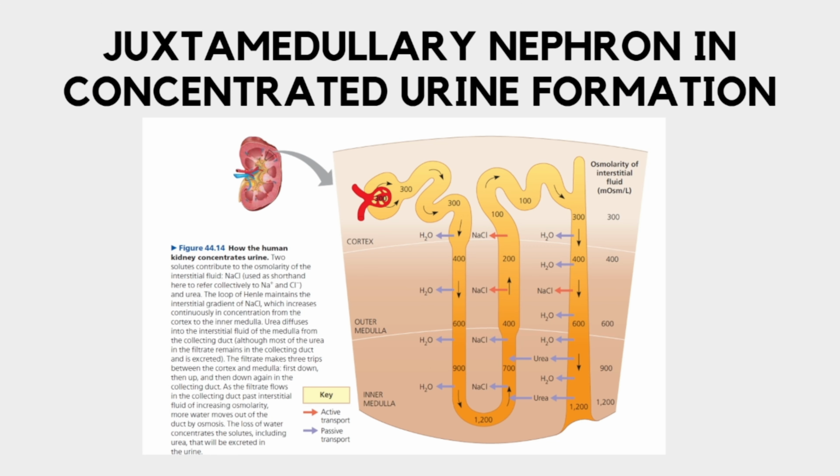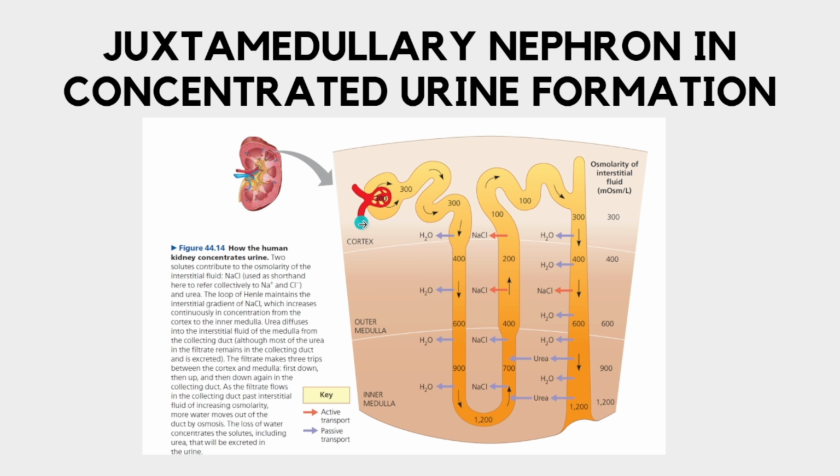Okay. Next is about another type of nephron, the juxtamedullary nephron, in concentrated urine formation. If you want to form concentrated urine in the juxtamedullary nephron, it requires a relationship between the absorption of water and NaCl.